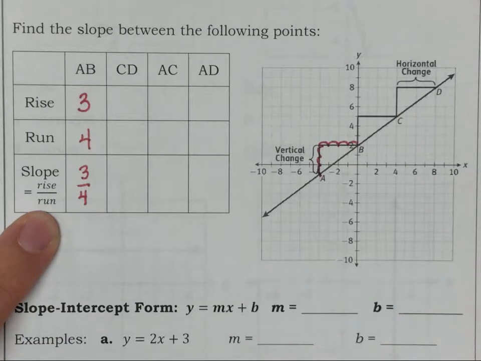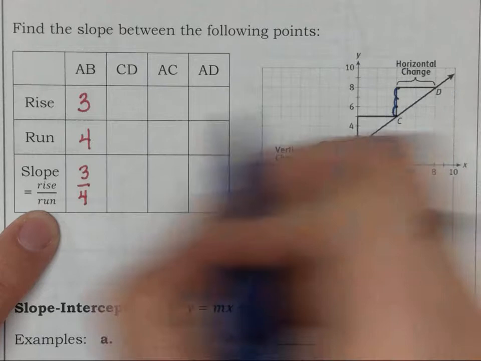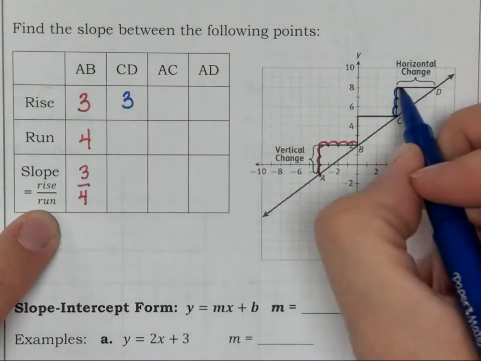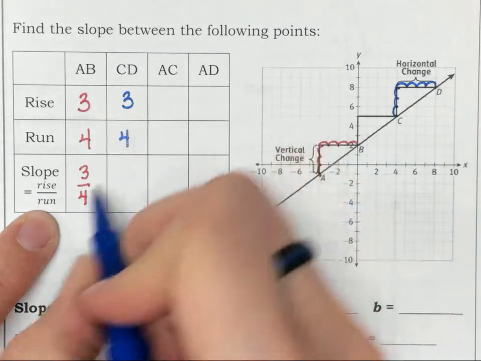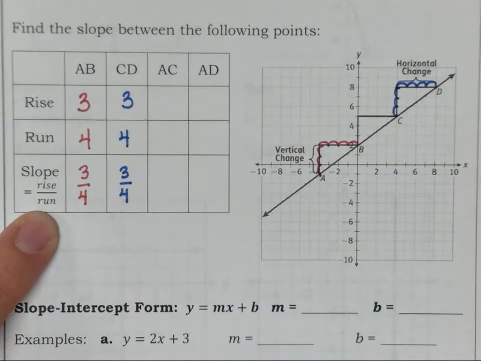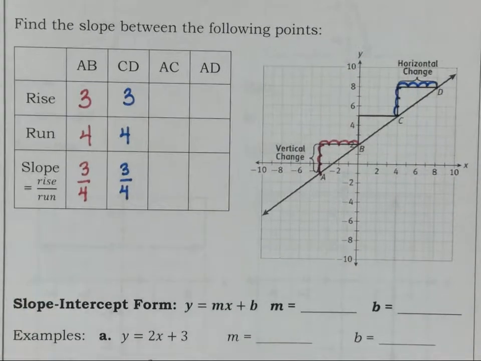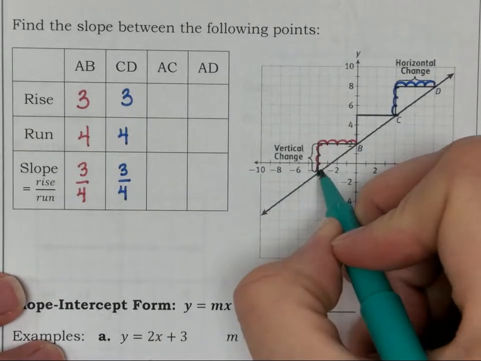If I look at the rise from C to D, 1, 2, 3. If I look at the run, 1, 2, 3, 4. And so my slope, rise over run, is 3/4. And then if I look from A to C, okay, I'm going from here all the way up here, but I'm only going to do the rise.